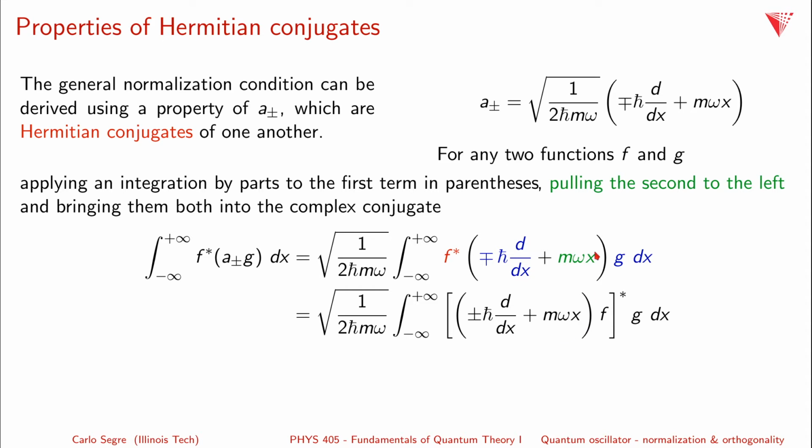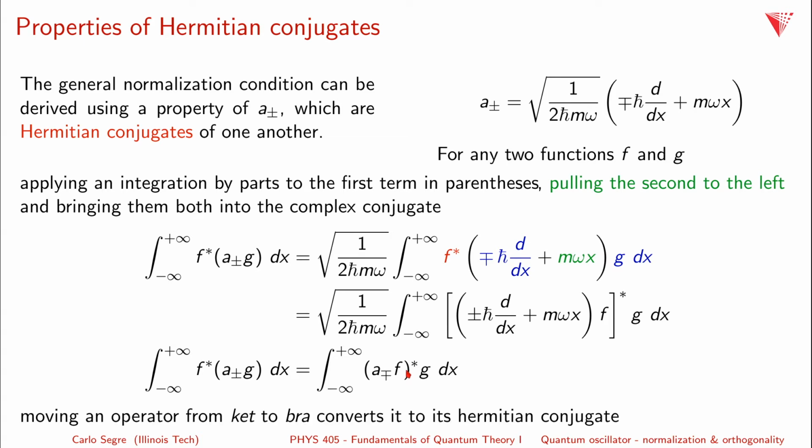Now, if you look at that, that's simply converting an a plus minus to an a minus plus. So over here, on the g on the right, you have a plus minus. When you move this operator over by doing integration by parts, it becomes an a minus plus applied to f star, inside the f star.